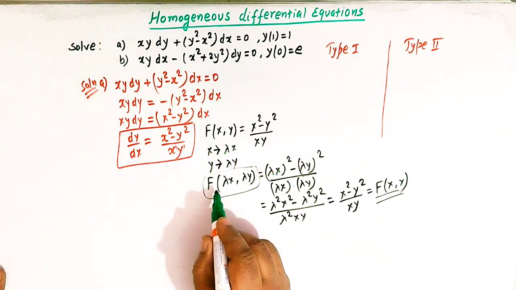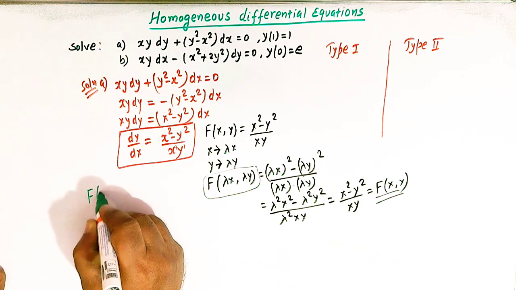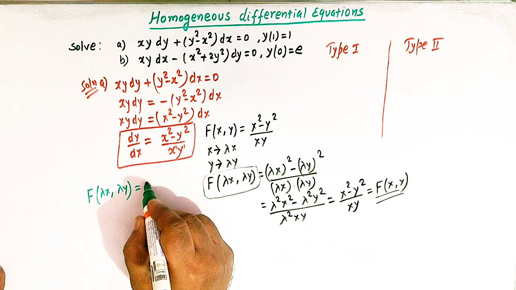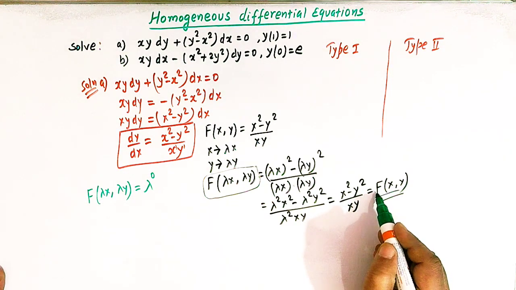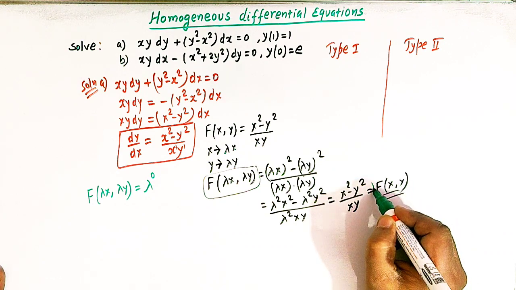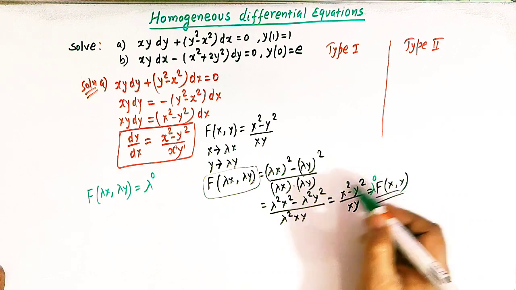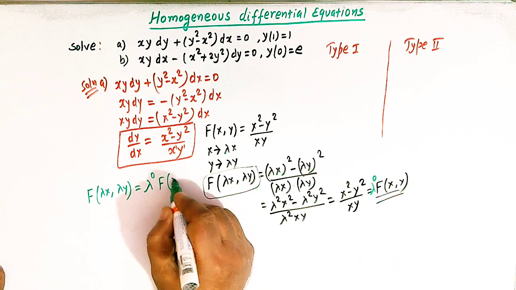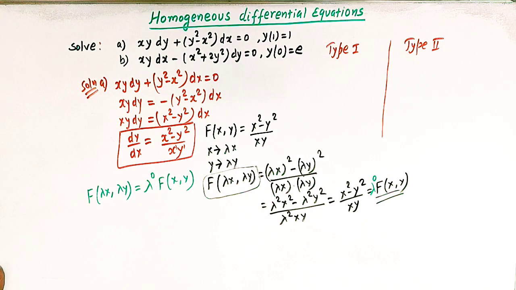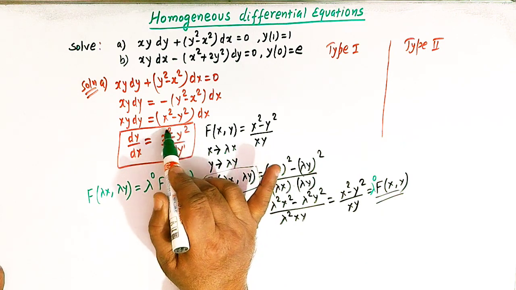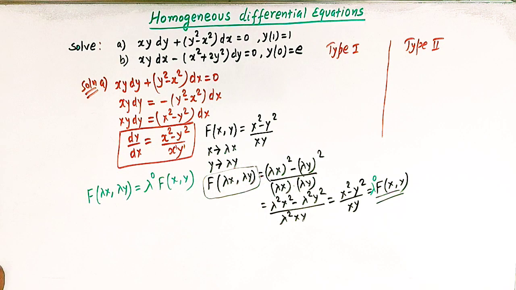So here we can also write f of lambda x comma lambda y is equal to lambda raised to 0 times f of x comma y, because lambda raised to 0 is simply 1, right? So we have f of x comma y. Here we have seen that this function is a homogeneous function of degree 0.